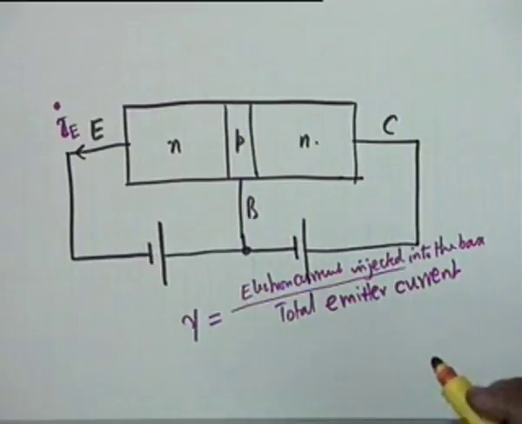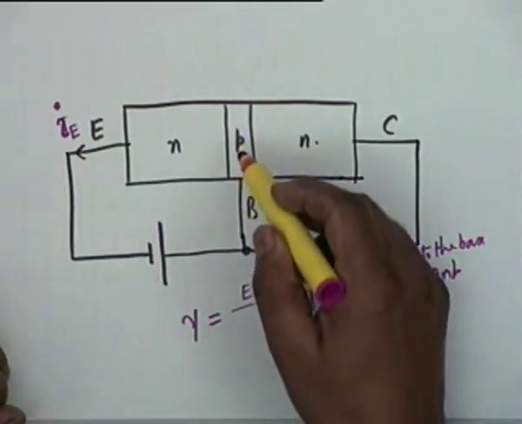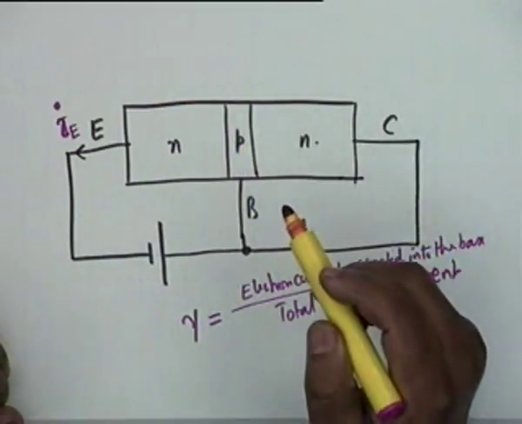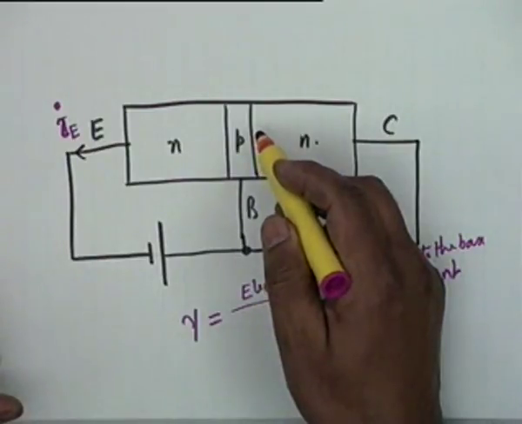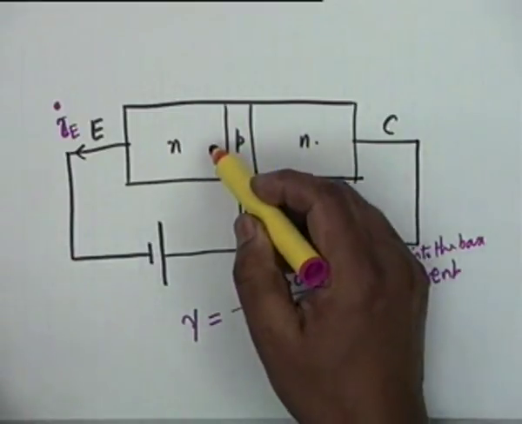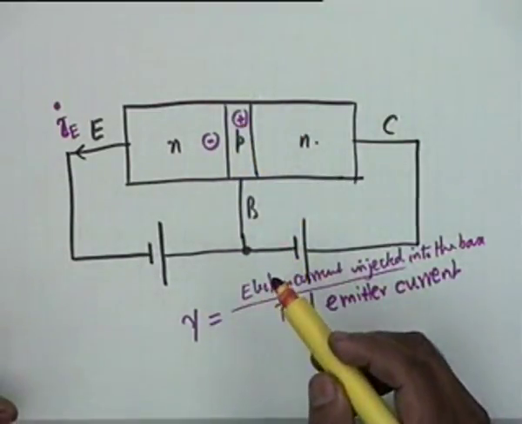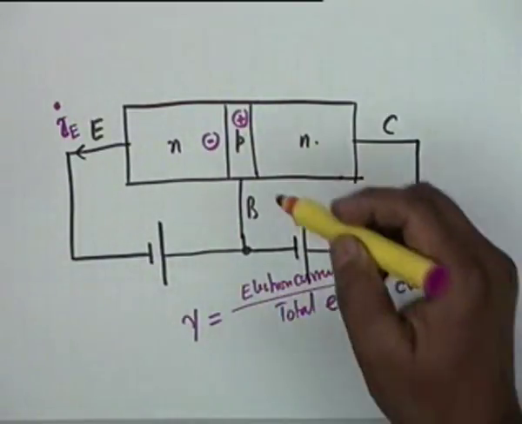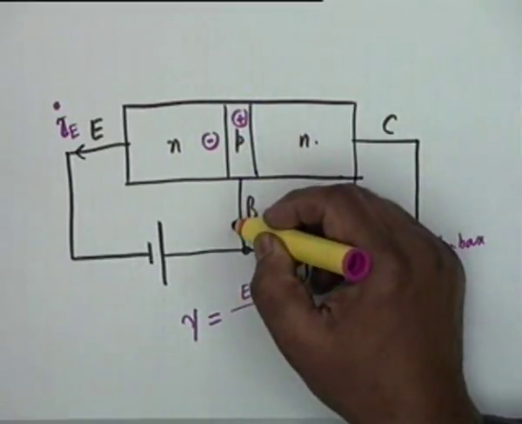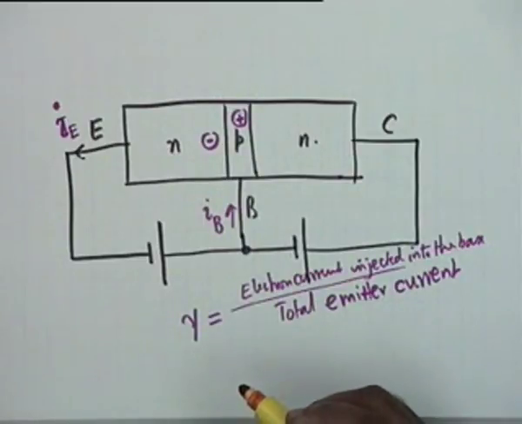This is the emitter efficiency, and then the electrons which are injected into the base, not all of them can cross. Some of them will combine with the majority carriers which are holes in the P region. Some of the electrons injected from here will combine with the holes in the P region, and this recombination appears as the base current I sub B, the base current.